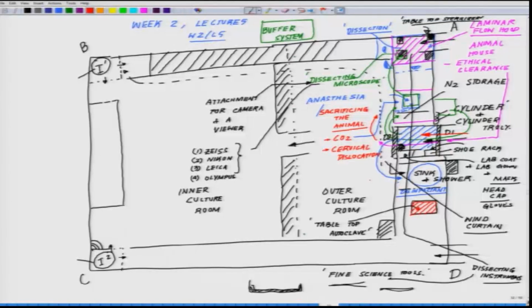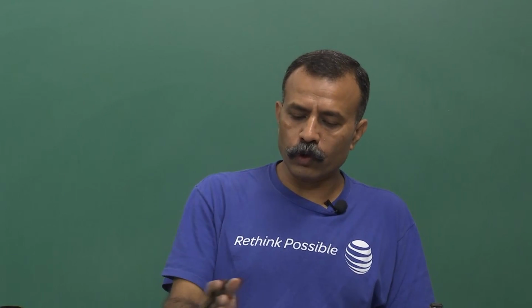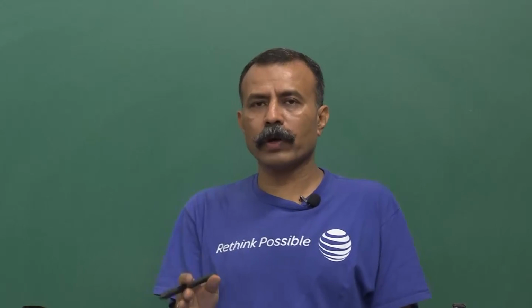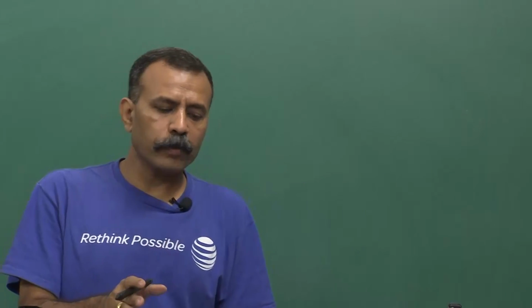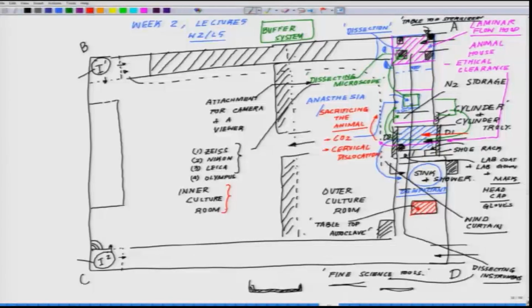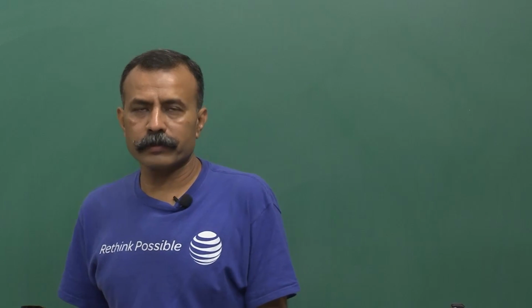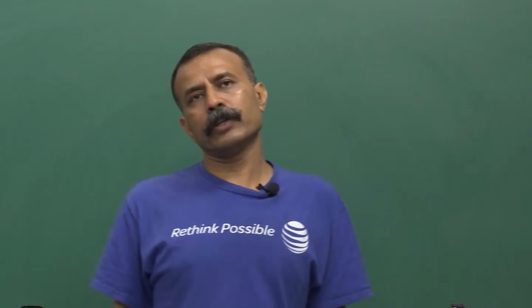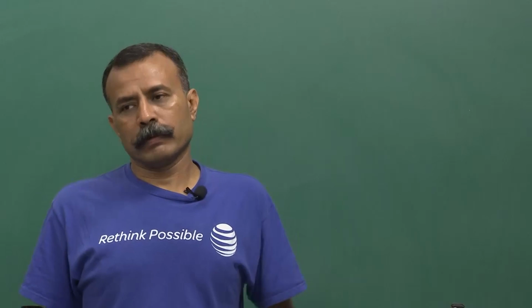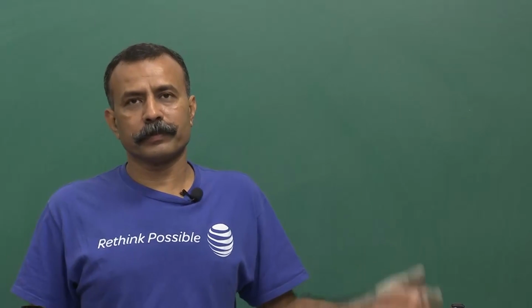From here, in our next class we will further build up the story of how this whole facility will eventually look, because we have just started on the outer layer, and there are a few other things I am going to highlight here before I move into the inner chamber or the inner culture room, where other things will be taken care of. Okay. Thanks for your patient listening. Once again, we will continue next week with further development of the layout, design and instrumentation. Thanks.